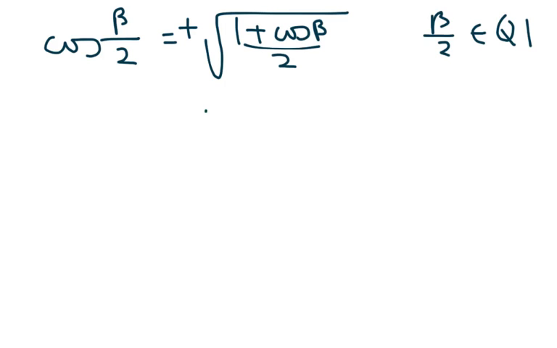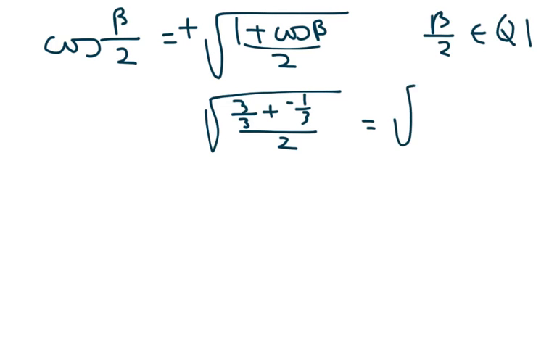Cosine of beta is negative 1/3. I'm going to write this as 3/3 plus a negative 1/3 over 2, which equals the square root of 2 over 6, because I'm multiplying those two and subtracting those.